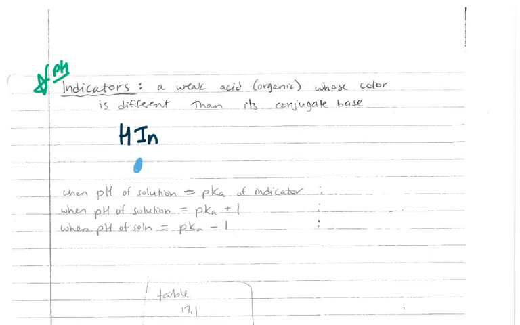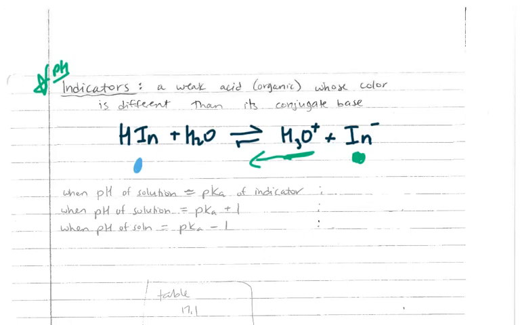But then when you change the pH and you have the indicator in its conjugate base form, it's some other color. Okay. So by manipulating this equilibrium, by adding acid, you would shift it this way and it would become blue. And if you subtract acid by adding base, then you'd shift the equilibrium this way and turn it green.